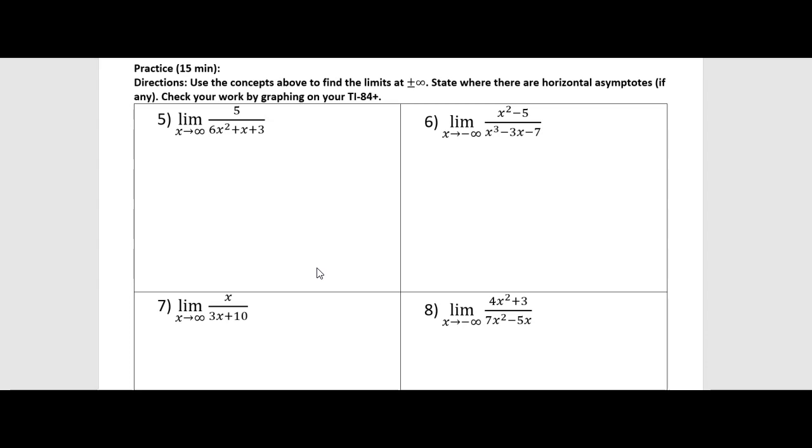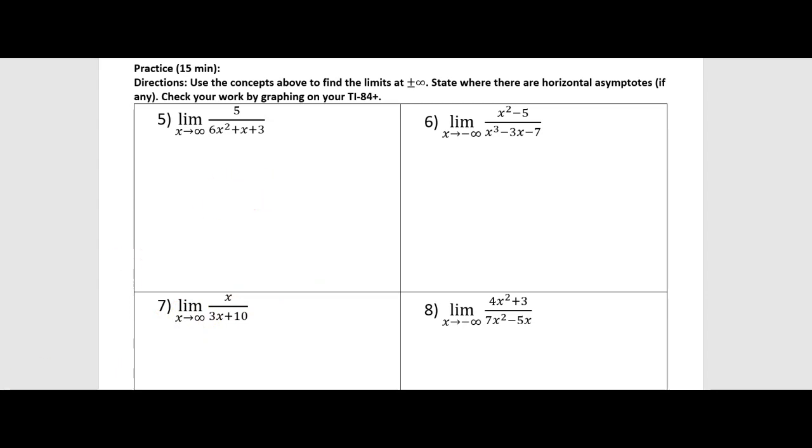The first one is find the answer to the limits, and I would encourage you to go through the intermediate steps that we did in video 2. That'll show me that you really understand what's going on with those power rules for rational functions. And then second, state where the horizontal asymptotes are, if there are any. If there aren't, just say that there aren't any. Take some time to do that, and then come back to the video, and we'll go through all of them.